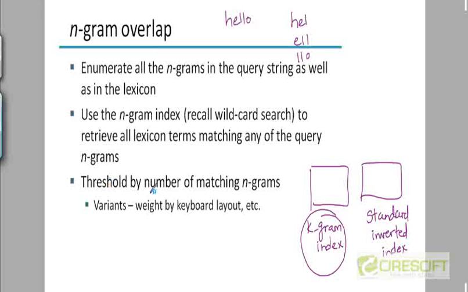So one of the ways we could decide that something is a good overlap is to come up with a threshold. We can say that if there are 5 trigrams that match between the query term and a term in the dictionary, then that particular term in the dictionary is a good overlap with the query term, and so it's a good candidate term to suggest as a spelling correction.